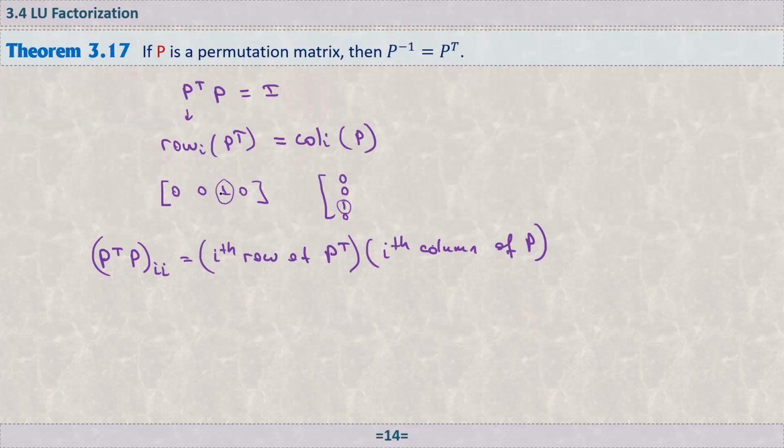Since, as you see here, they are placed in the same order, this one is a unit vector, and this is also a unit vector of the same type.